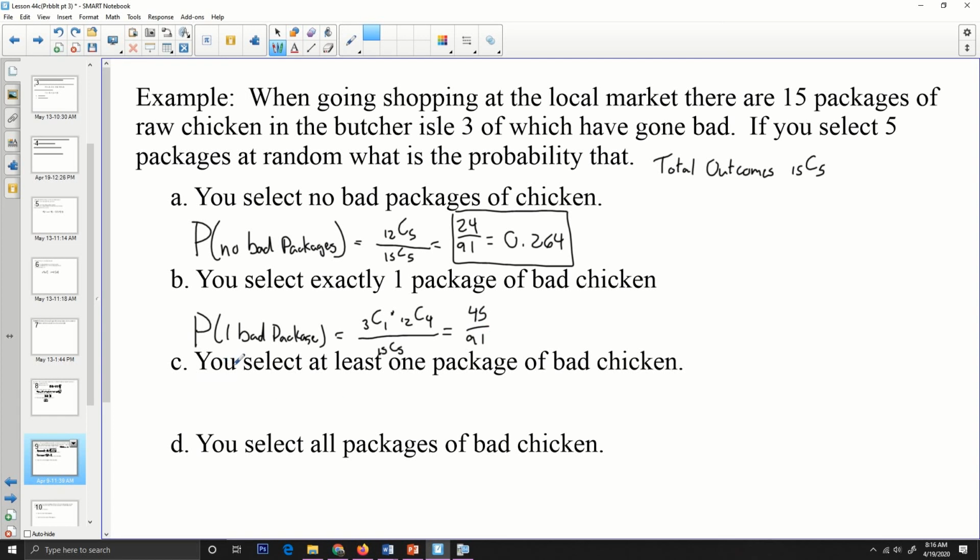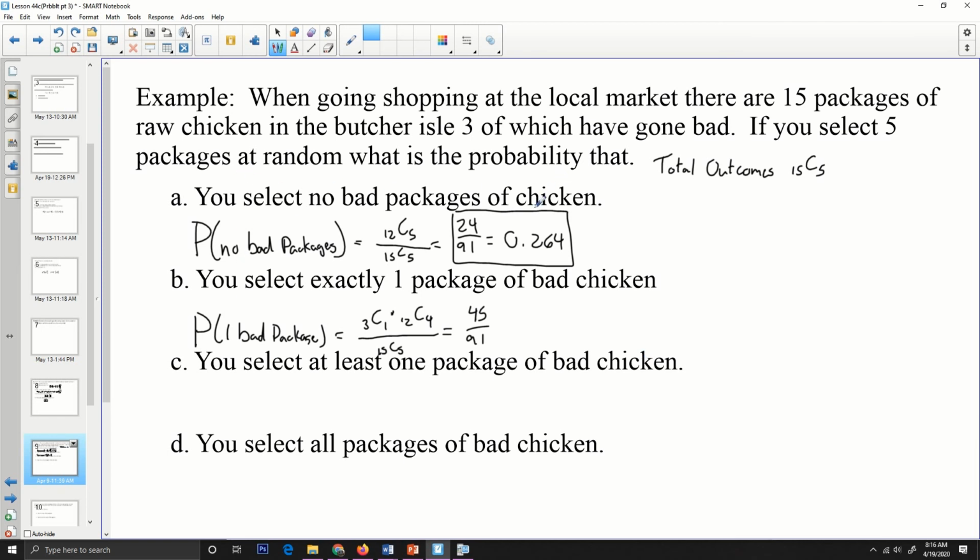You select at least one package of bad chicken. So at least one bad package. There's a couple of different ways we could calculate it. We could calculate exactly one bad package, or exactly two bad packages, or exactly three bad packages. We could calculate all of those probabilities and add them, and that would work. But at least one bad package of chicken is the complement of no bad packages of chicken.